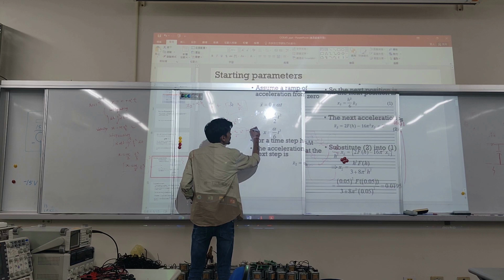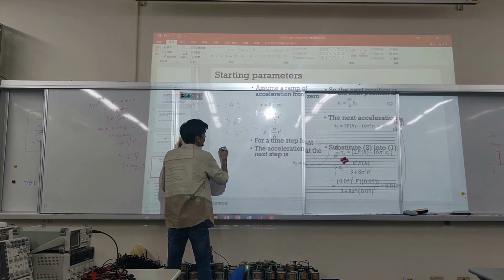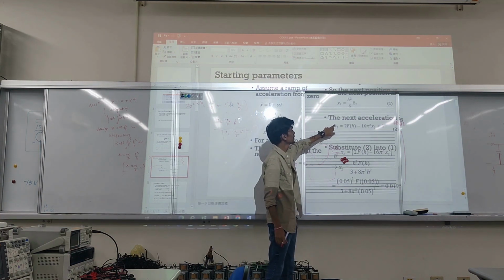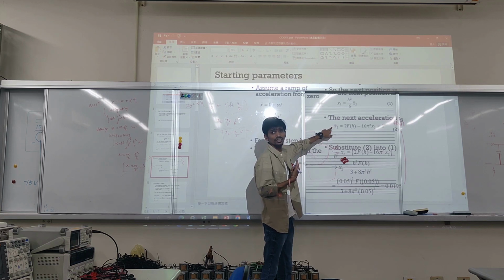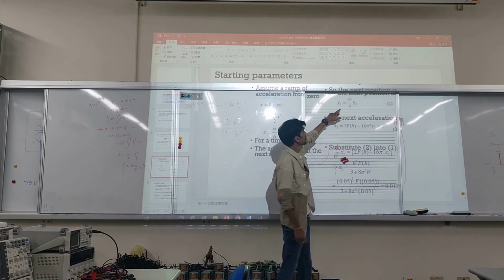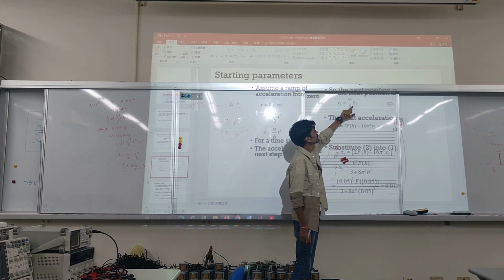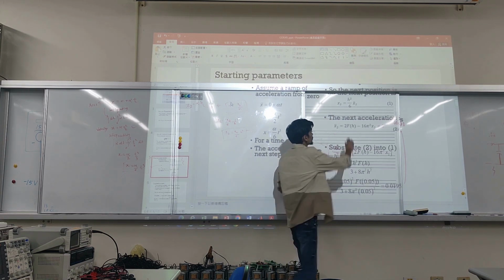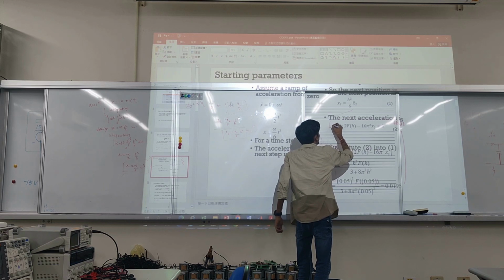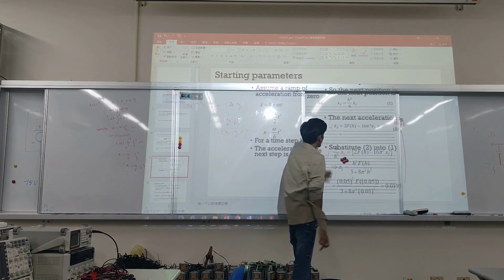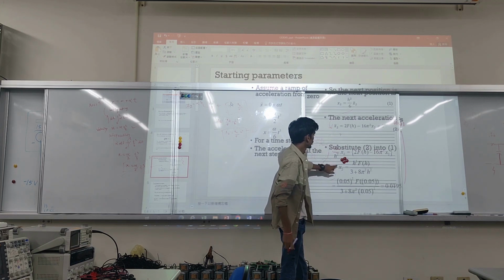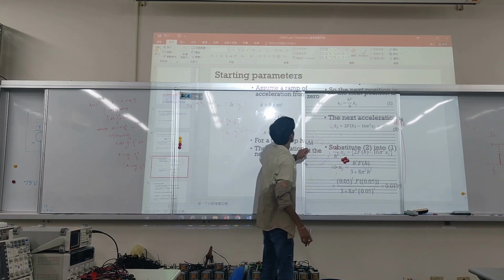Suppose this is our equation 1 and the second equation is the acceleration equation from our ordinary differential equation. If we put the value of x2 double dot in this equation, we can get the displacement equation.